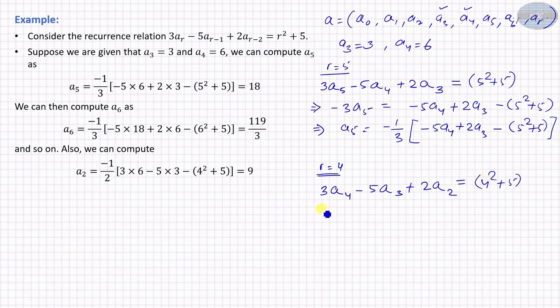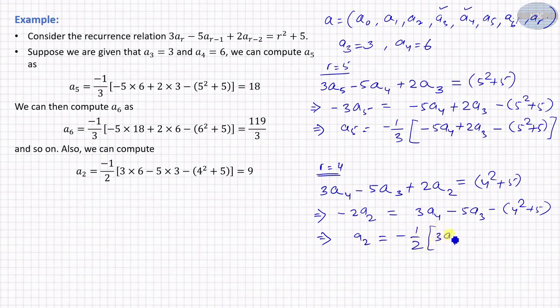Okay, now this equation can be written as minus 2a2 equal to 3a4 minus 5a3 minus 4 square plus 5. We can calculate a2 as minus 1 by 2 times (3a4 minus 5a3 minus 4 square plus 5).